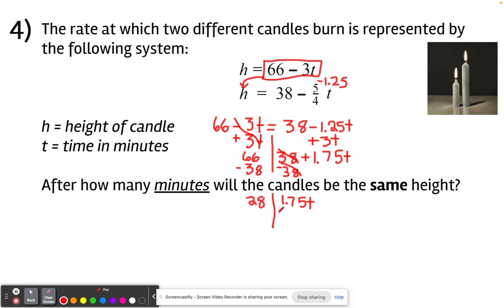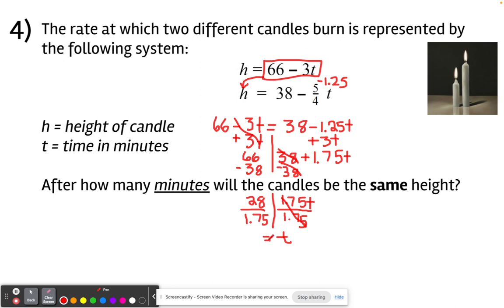My last step, I'm going to divide both sides by 1.75. And I believe that's going to be 16, but I am going to use my calculator to verify it because I don't want to make a math mistake here.